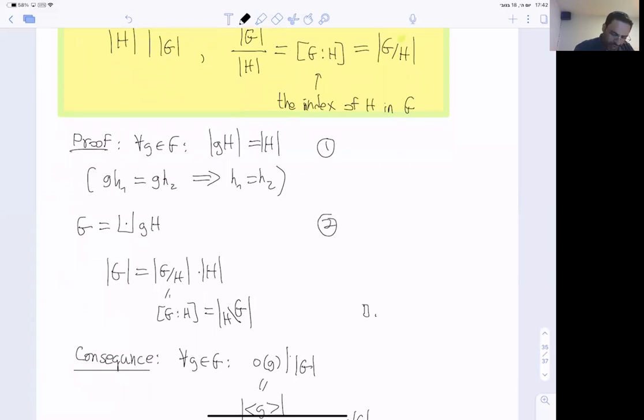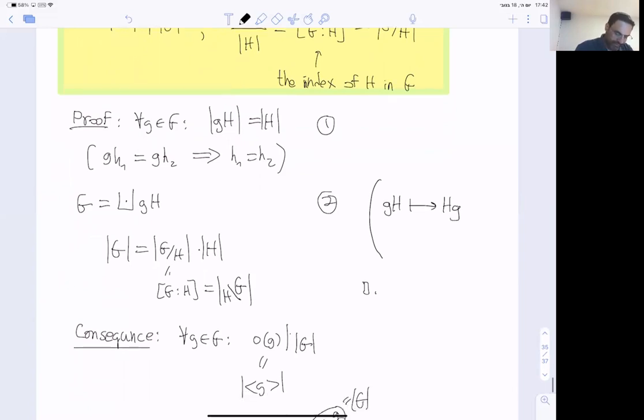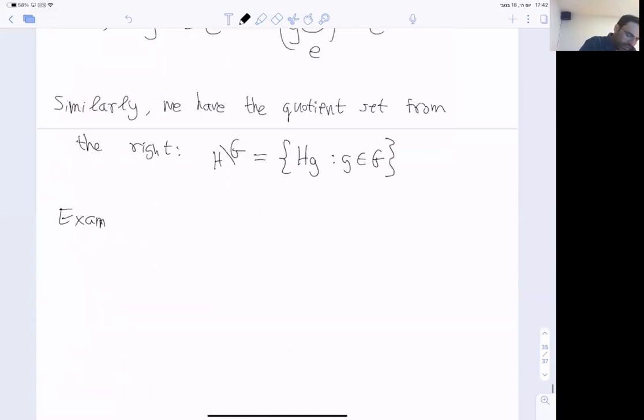For example, you can take a map taking a left coset to a right coset, and prove it is injective. Maybe I want to tell you another thing before we see examples. Let us see examples.